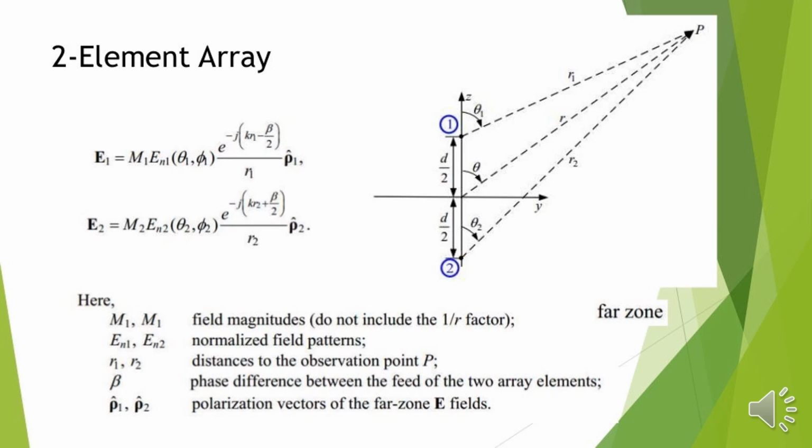Now the electric fields E1 and E2 are given by the mathematical expressions, where M1 and M2 are the field magnitudes, En1 and En2 are the normalized field patterns, R1 and R2 are distances to the observation point, beta is the phase difference between the feeds of the two array elements, and rho 1 and rho 2 are the polarization vectors of the far zone E fields.